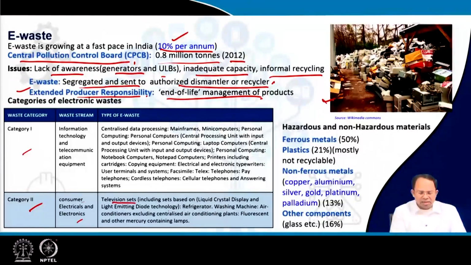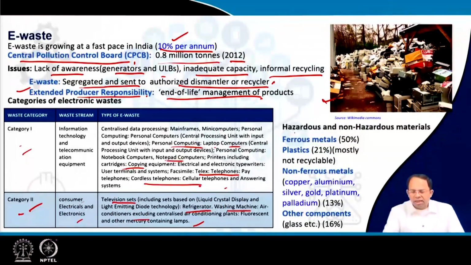As you can see, television sets, LCDs, refrigerators, washing machines, air conditioners are handled by category 2, whereas centralized data computers, personal computing laptops, notepads, printers, cartridges, telex, telephones, cordless telephones could be handled under category 1 waste. They can have separate recyclers.